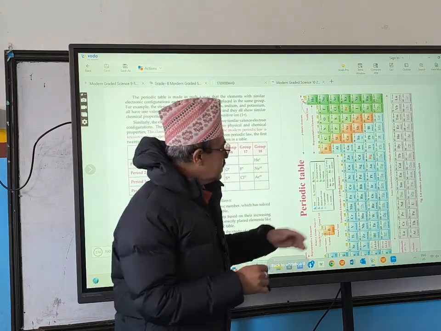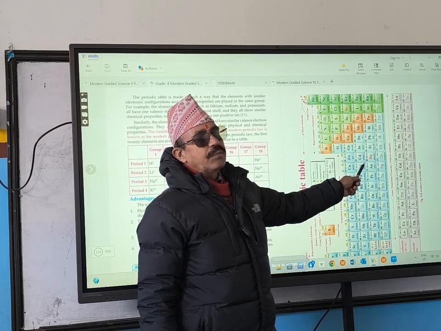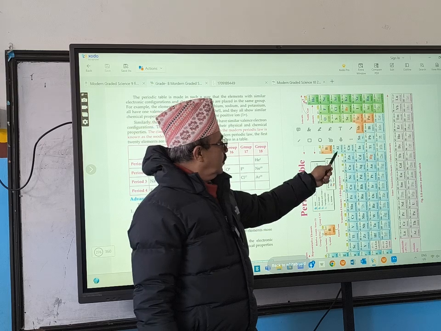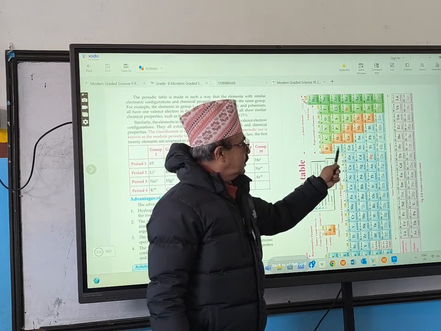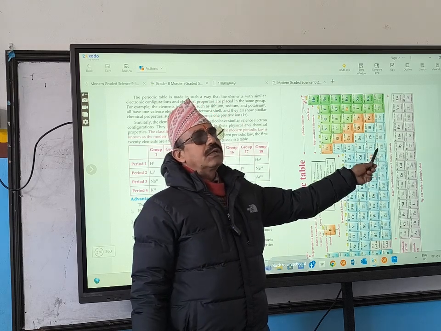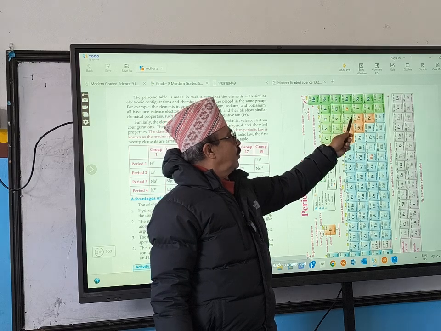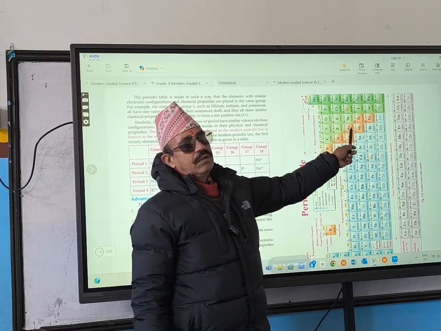So these elements in the same group have similar physical and chemical properties. What is here? Boron. Aluminium. Gallium. Like chlorine, bromine, iodine, they have similar physical and chemical properties.